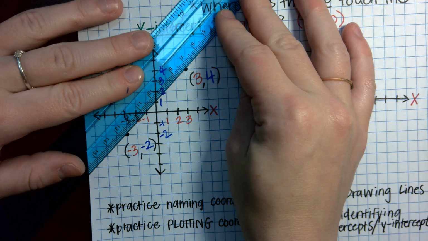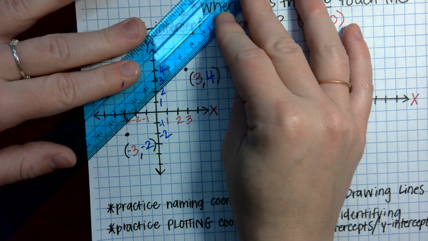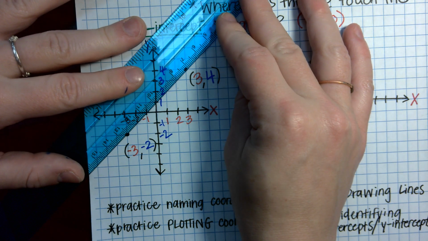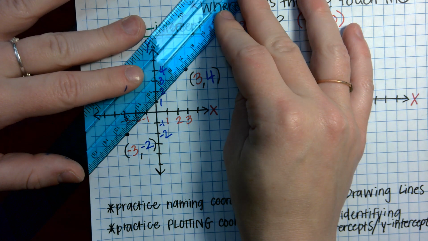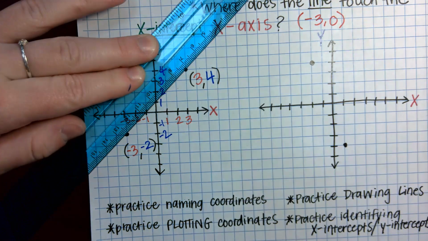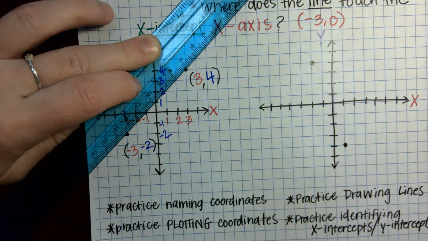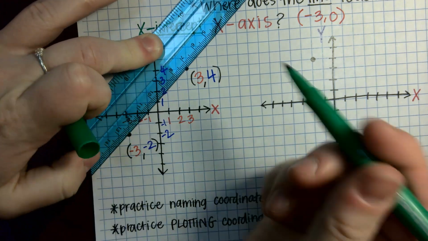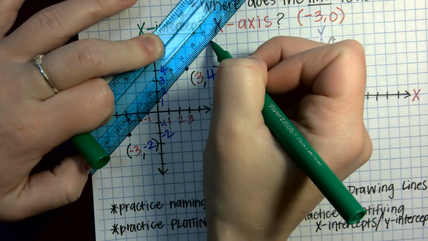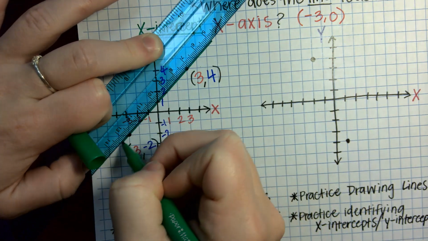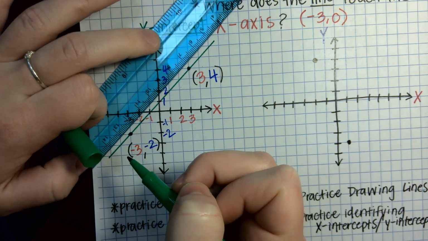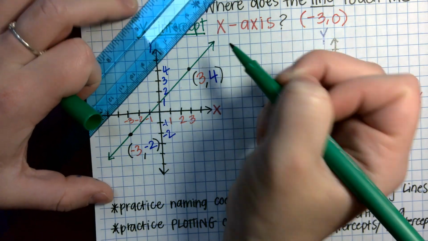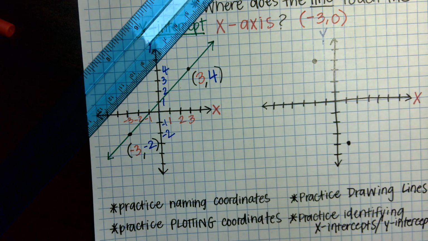I do not want it to be wiggly. I want it to be super precise. So, just like that. And then you're gonna trace that line. That way we can get the most accurate x and y intercepts. Because if you don't draw your line accurately, it's not gonna touch the axes on the accurate spot.